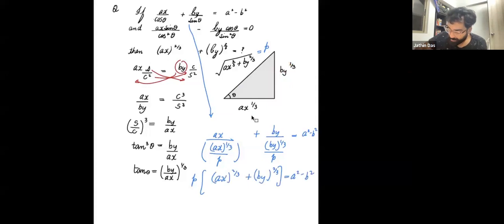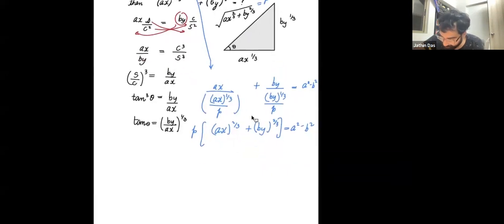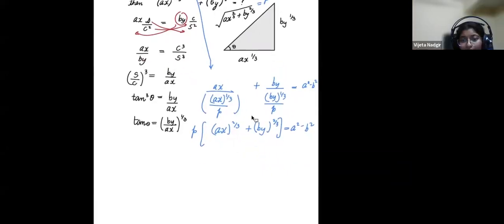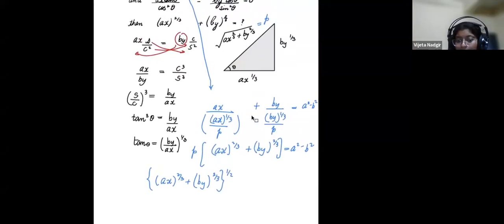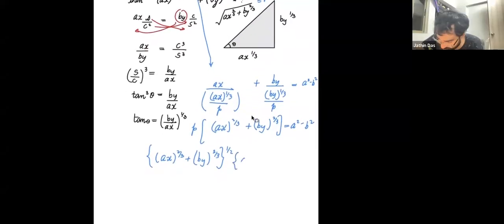Now think. Listen, so P is what? P is this whole expression raised to half. And this is the same expression raised to 1, is equal to a square minus b square.